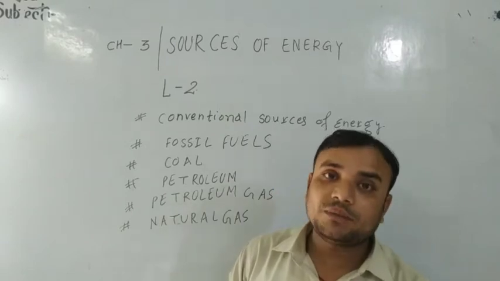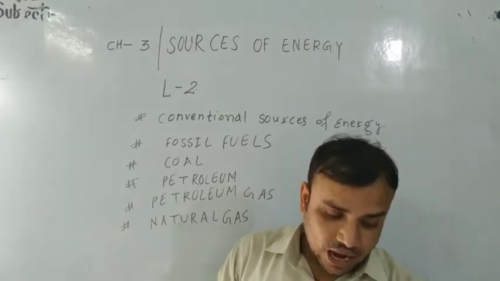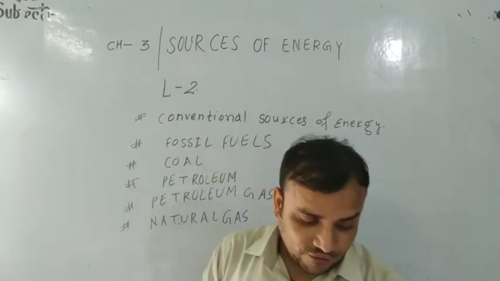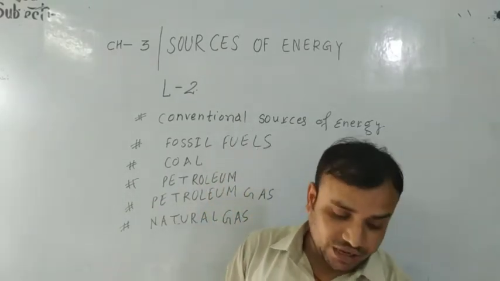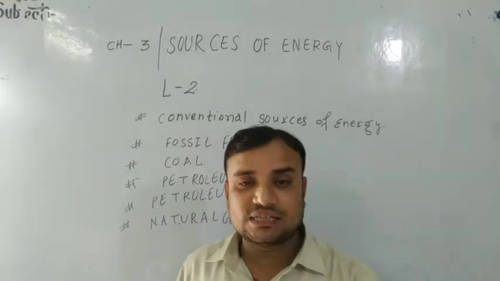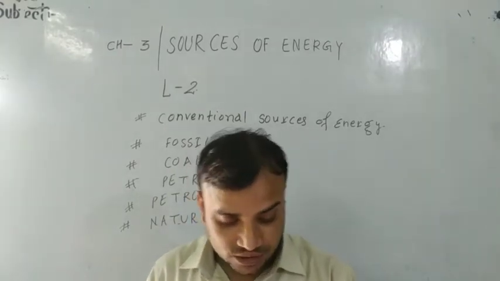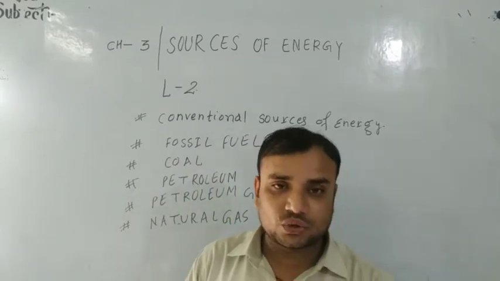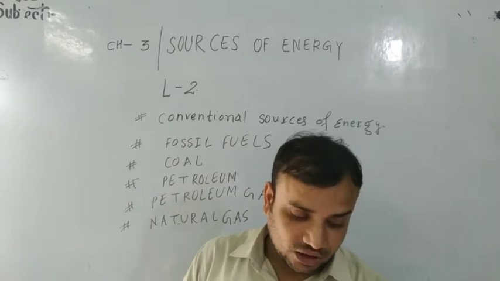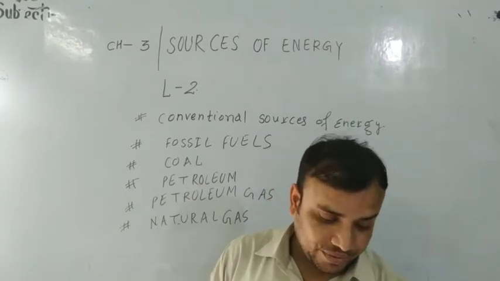Prehistoric means the time 25 lakh years to 10,000 years. Coal, petroleum and natural gas are fossil fuels. Fossil fuels are dug out from the earth, besides being used directly in homes, transport vehicles and industry. Fossil fuels are a major source of energy for generating electricity in power plants.